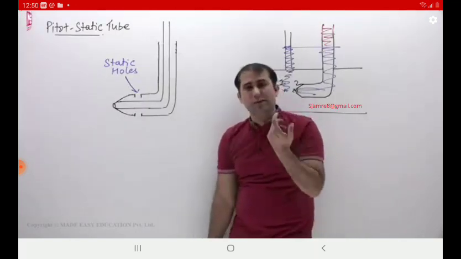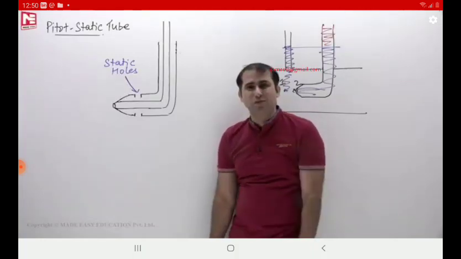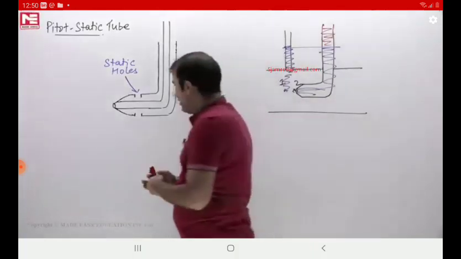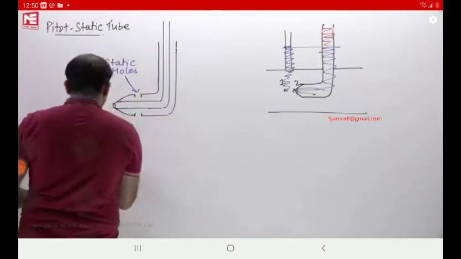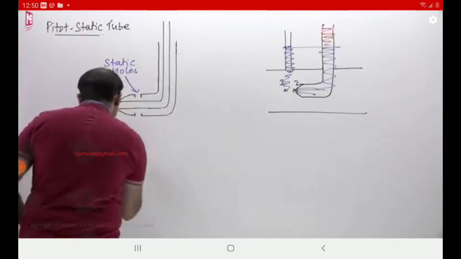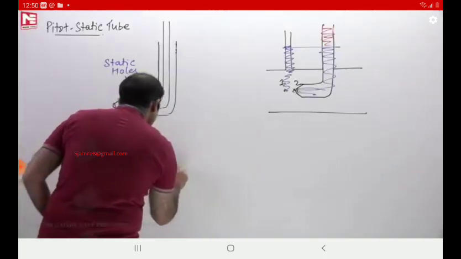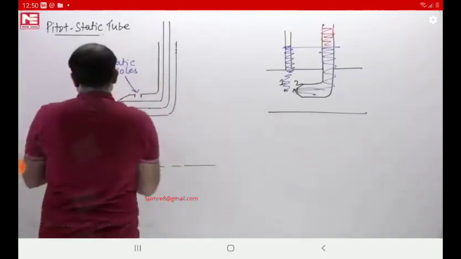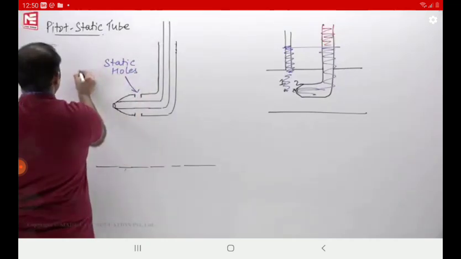By means of these holes, we can read the static pressure. How? That is a part of the discussion. See, suppose I say that this is an arbitrary datum level. Static pressure holes.